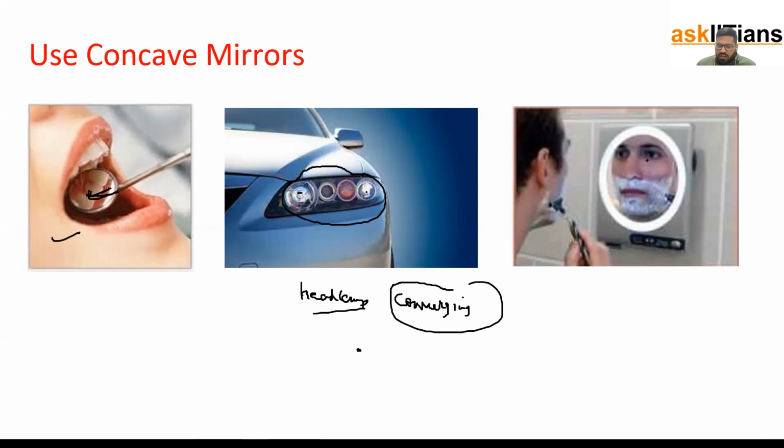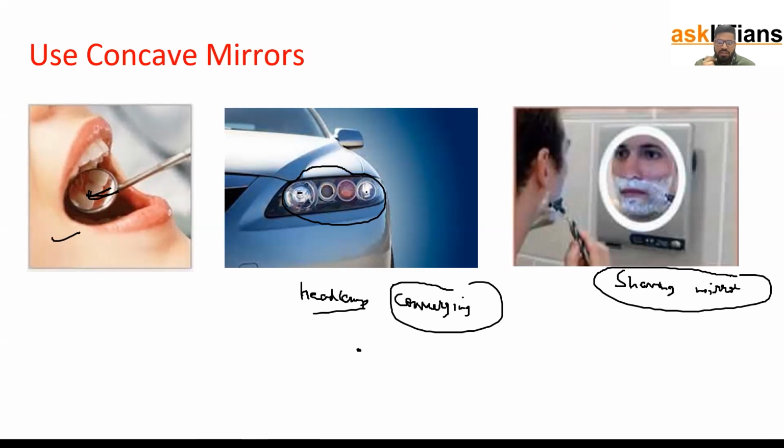This is the final application of concave mirror, in which it is used as a shaving mirror. So what is the basic need or application here? If you carefully observe, you will have seen a shaving mirror in your bathroom. In a shaving mirror, you will see a larger, or I can say magnified, image of your face, but it is virtual because it is behind the mirror.